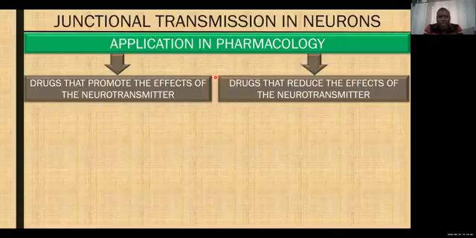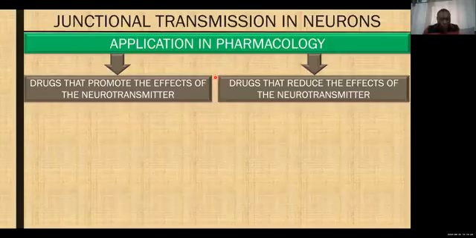When you want to manufacture drugs, there are 2 things to think about. You can have a drug that promotes the effects of the neurotransmitter, but you can also have drugs which reduce the effects of the neurotransmitter.